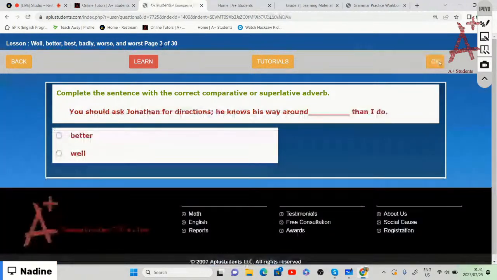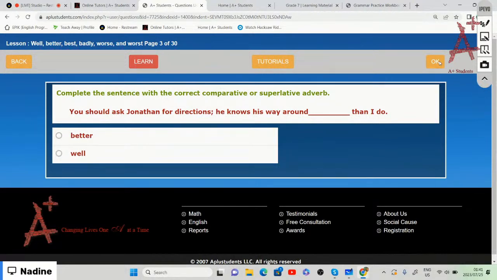You should ask Jonathan for directions. He knows his way around. Is it better than I do, or well than I do, right? Jonathan's direction giving is better, as it's being compared to the person that is telling the next person.